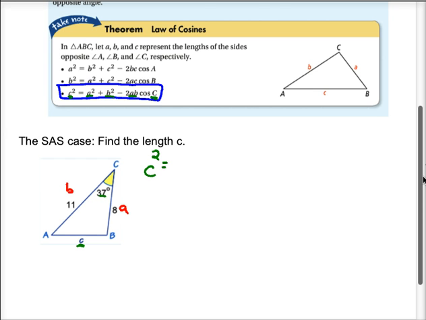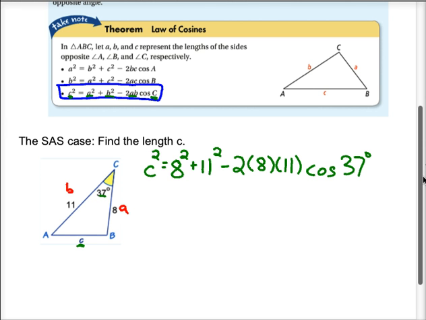So the other two side lengths squared and added up. So 8 squared plus 11 squared minus 2 times those other side lengths multiplied together, and then cosine of the angle.